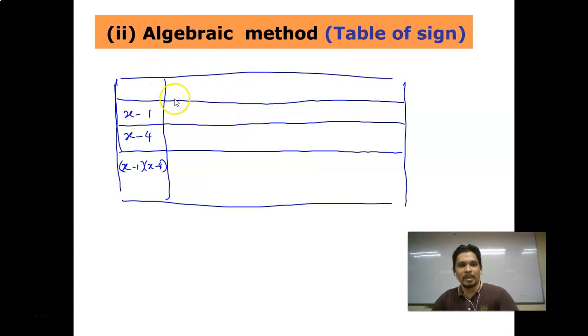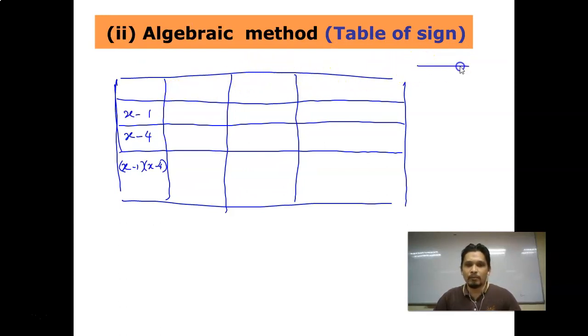So then right now, the first range of this, from 1 until 4. So this is a section for x, which is negative infinity until 1. And here is 1 until 4. And 4 to positive infinity.